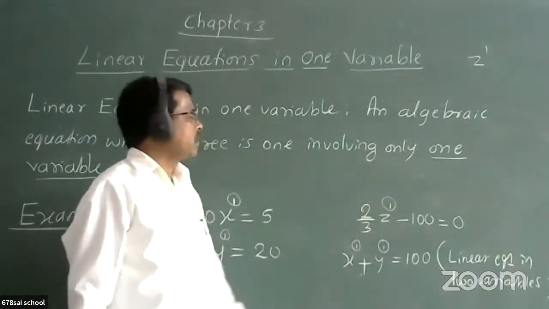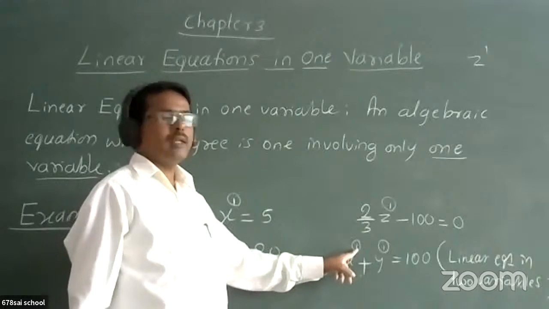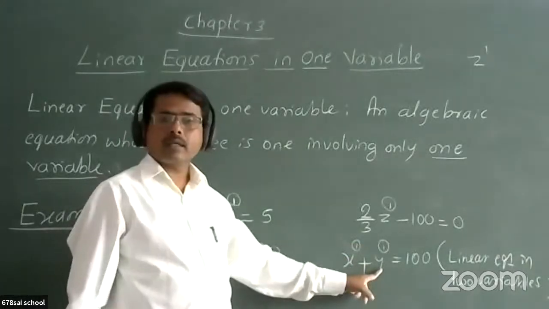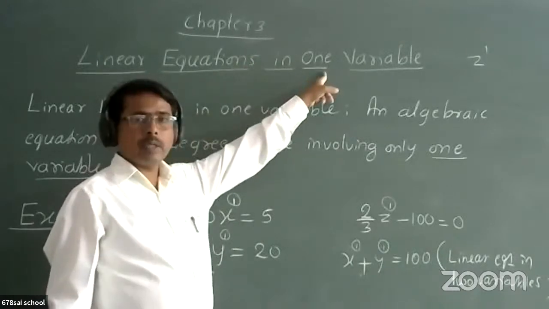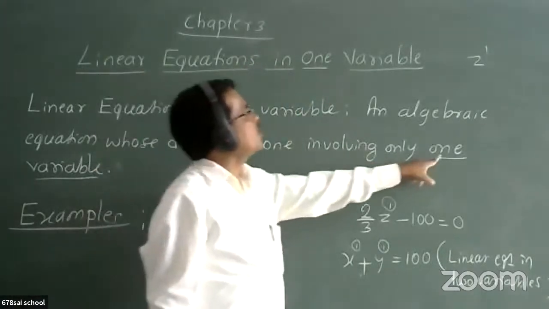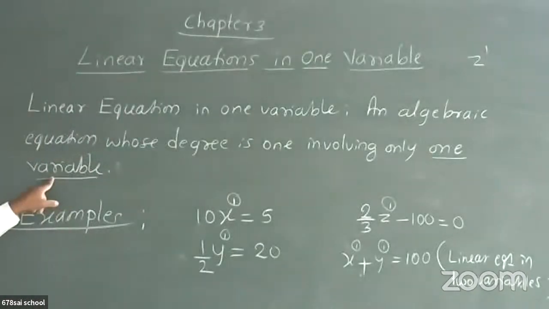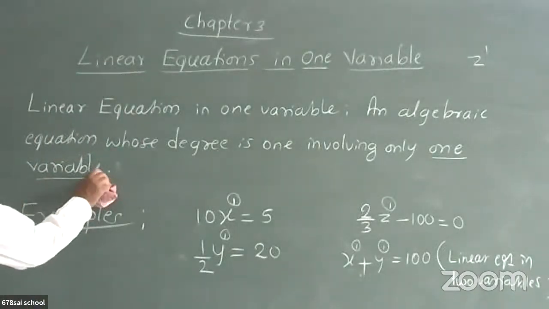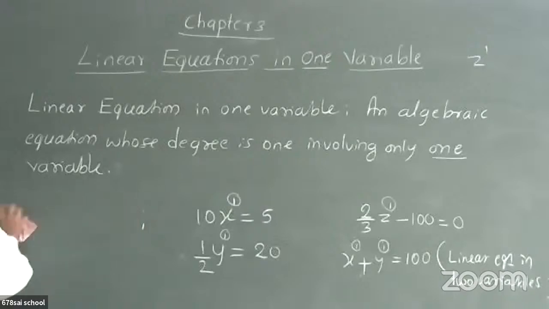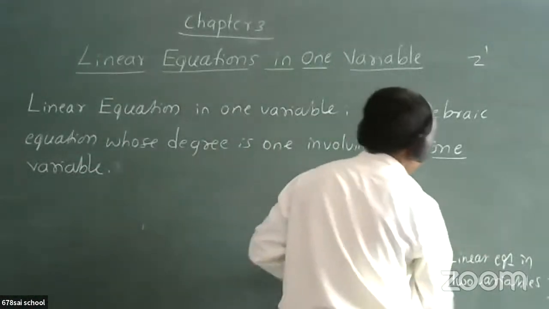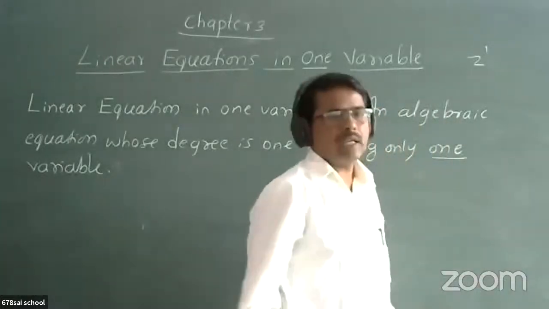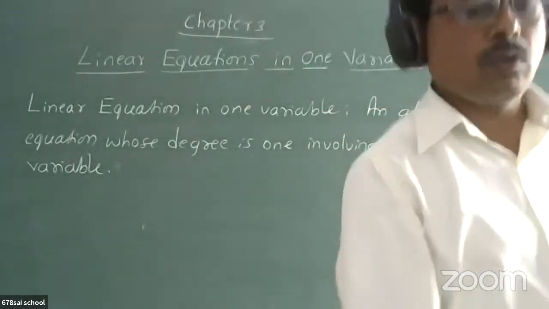This is also degree 1, so linear, but 2 variables are there. Now linear equation in one variable means only one variable should be there. Understood? Just if you say the word linear equation, it can have 2 variables also.